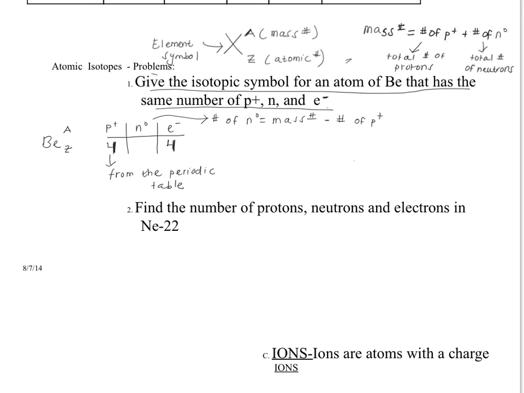And if we go to the periodic table, the mass number for beryllium is 9. And we know that the atomic number is 4. So that gives us a total of 5 neutrons that we have here.